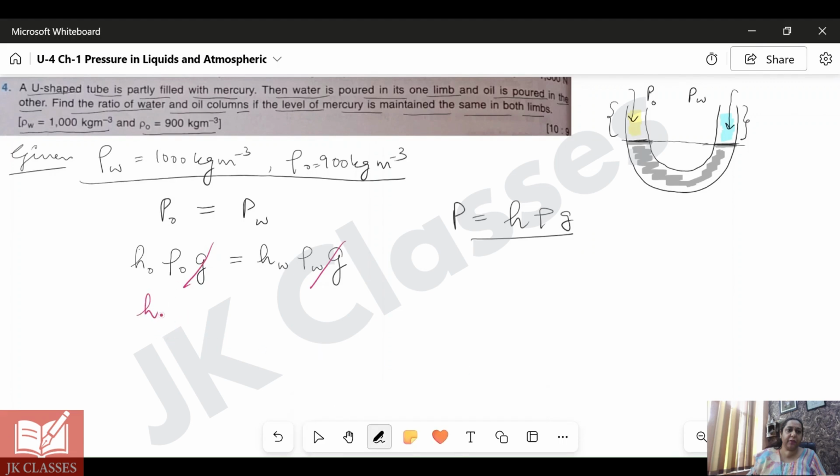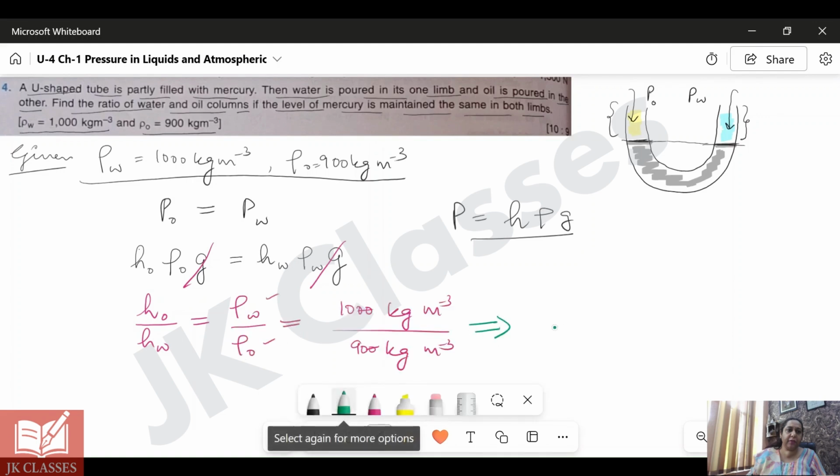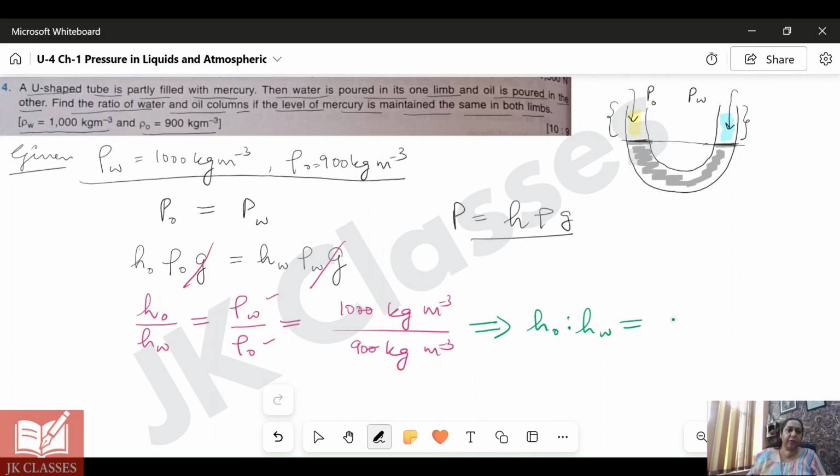Here the ratio between height of oil column and height of water column is given as density of water over density of oil. So this gives us the ratio between height of oil column and height of water column, which is equal to 10 is to 9.